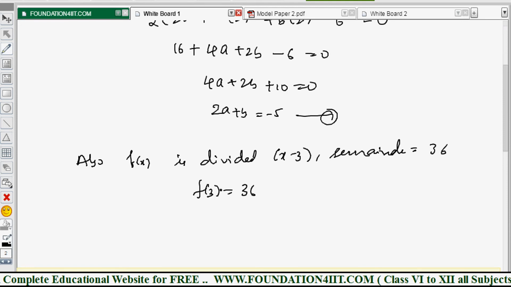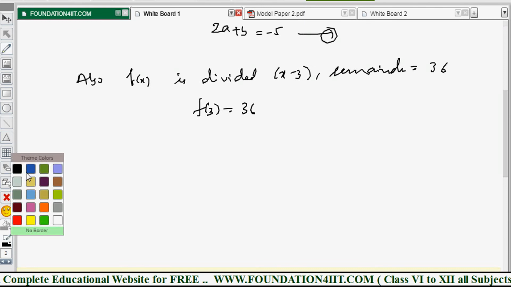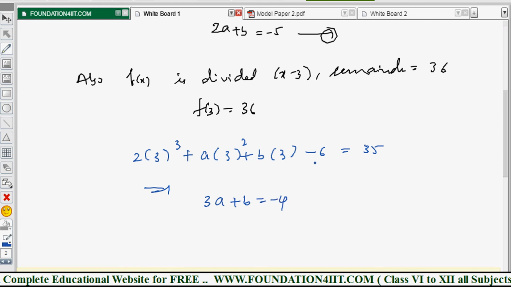In the place of x, substitute the value 3: 2 into 3 cube plus a into 3 square plus b into 3 minus 6 is equal to 36. Simplifying everything, you get 3a plus b is equal to minus 4. Let this be equation 2.